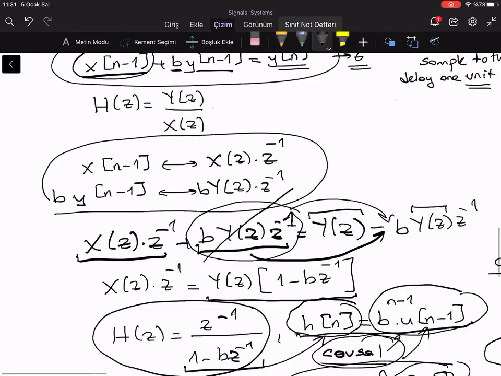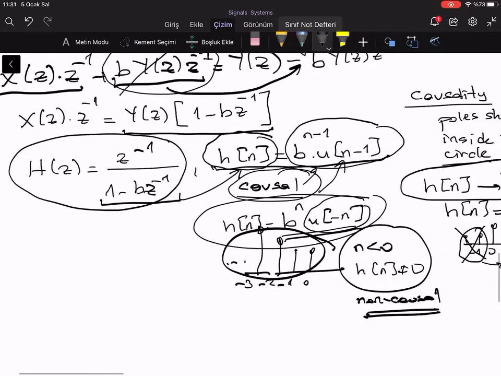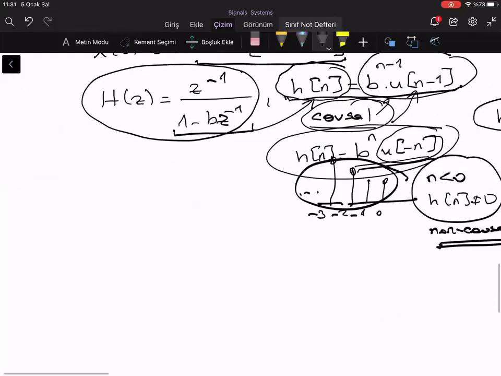Hocam, if the system is left-sided, the b to the n term, will it be b to the n or b to the minus n? If you remember, what was the thing here? A to the power n u n minus 1 would be equal to 1 over 1 minus a z to the power minus 1 for z being less than a.